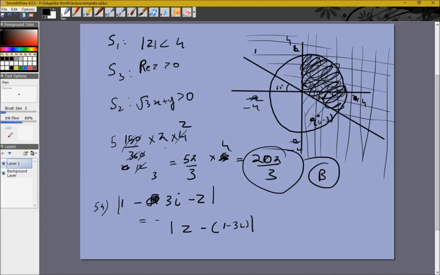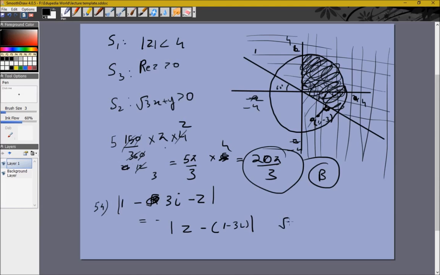Right. Minimum distance between this and this sector will be this distance. But if you think about it, this distance is just the perpendicular from this point to this line. We already know what the formula for perpendicular is. Just put this here and divide by root a square plus b square.